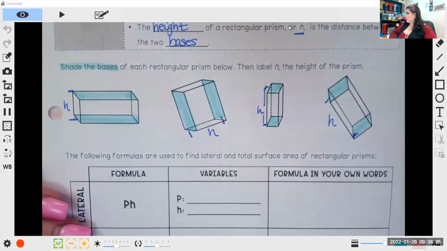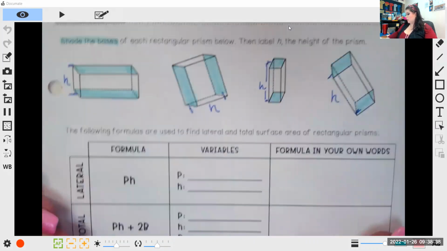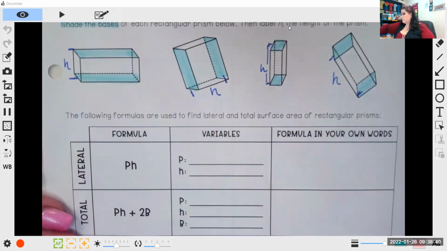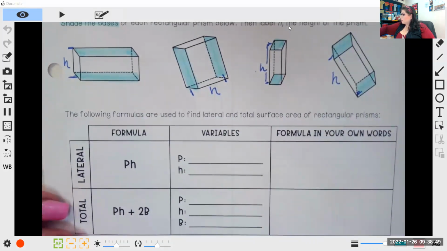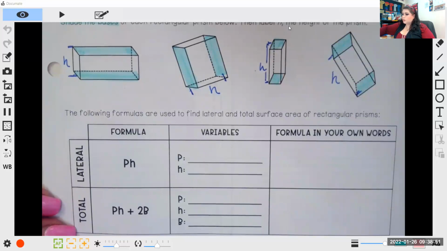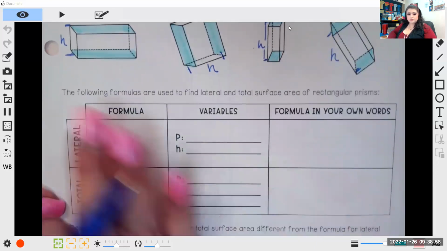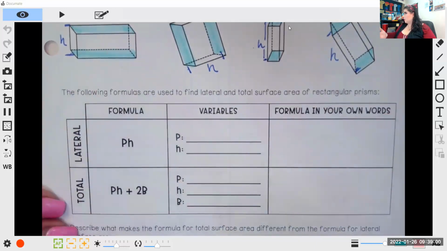All right. So let's break it down a little bit more so we can have our formulas. We're going to break it down in pieces here. So we have lateral. In some cases, they're going to ask us for the lateral surface area, and in others, they would ask us for the total.